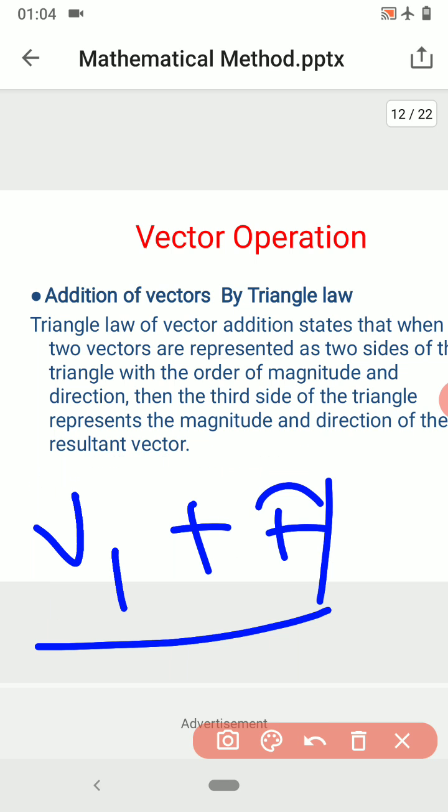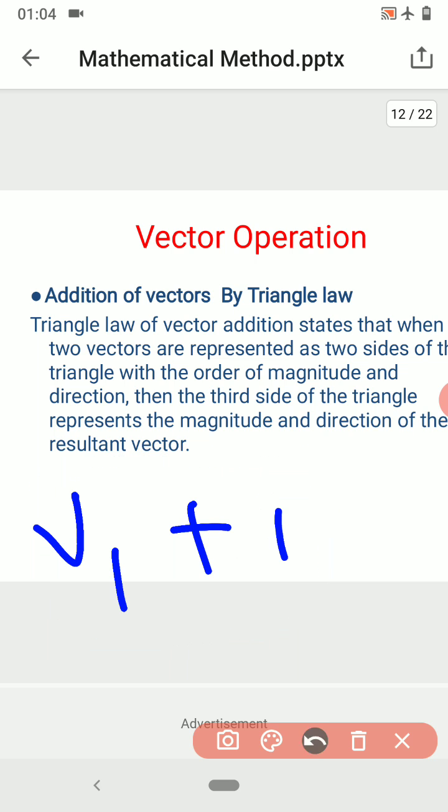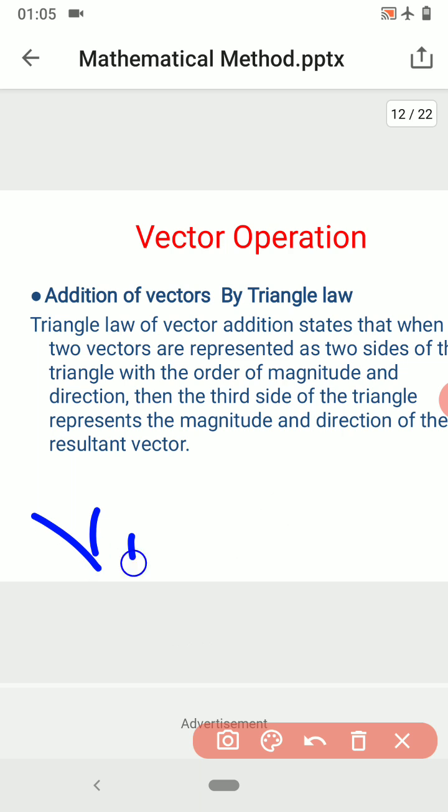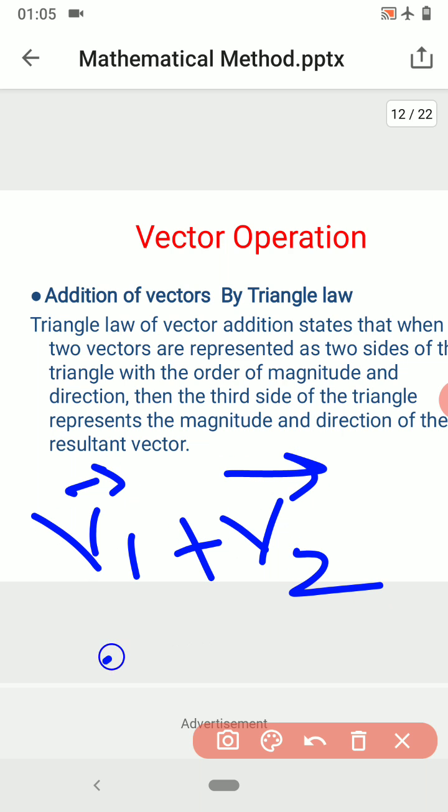So you require the same quantity for addition or subtraction. Now when you add or subtract these two quantities, you may get a third vector quantity, and that will be a single vector. That means vector v1 plus vector v2 gives you vector v.